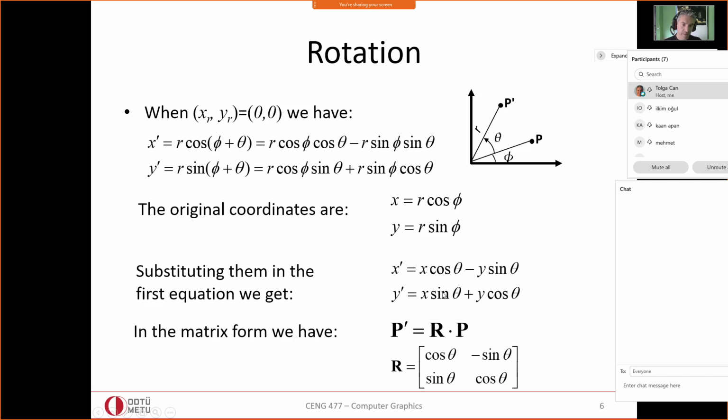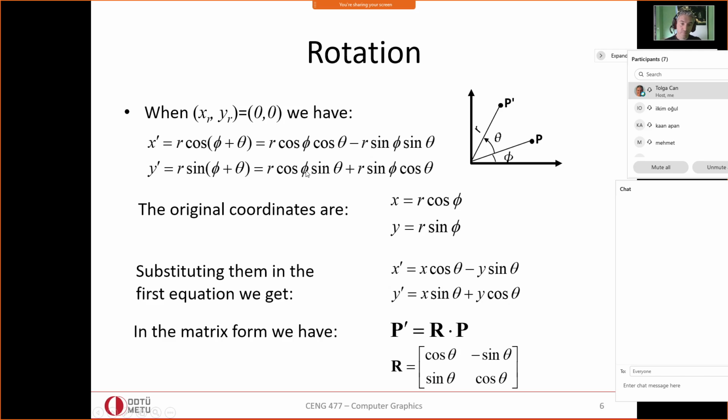And we have laid out this formula, which comes from the fact that cos of phi plus theta is cos and minus sin, and this sin. So the sine of phi plus theta was this, and we figured out that a certain part of this formula was the original coordinate.